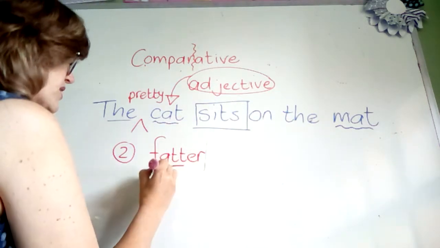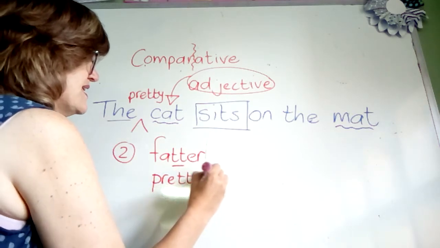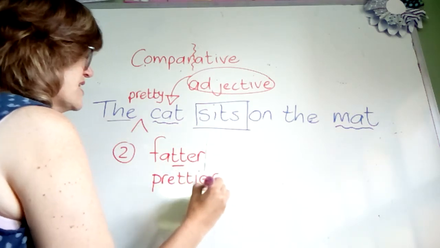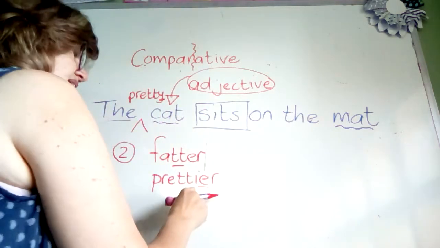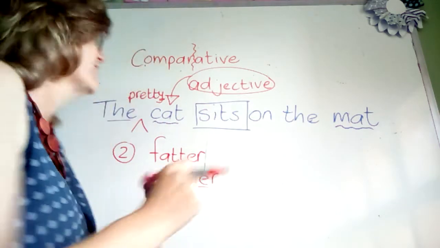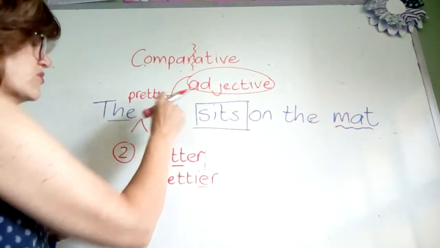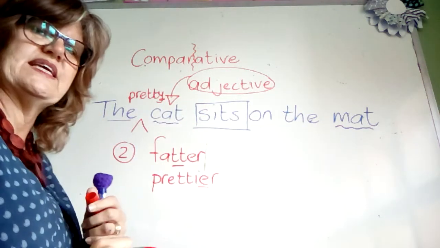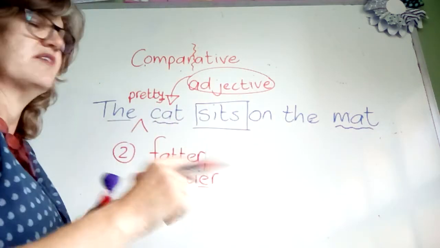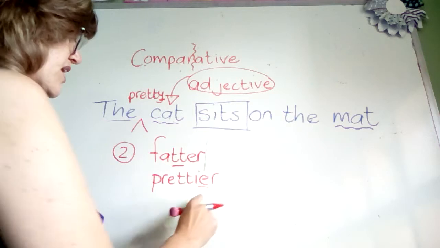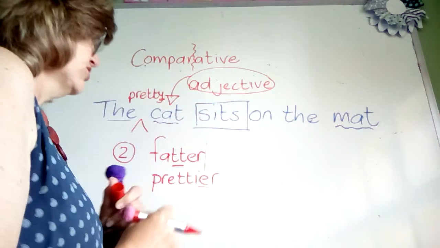No. Now we're going to say prettier. Can you see that rule that we say kick the Y, add an I? Alright, can you remember that? Now the similar thing will happen with this. The pretty ends with a Y and I say prettier. Don't write the Y, you kicked it out. Every time we kick out the Y and add the I. Okay, so prettier. But I'm comparing the two of them.